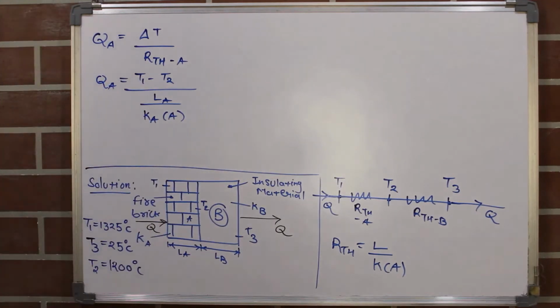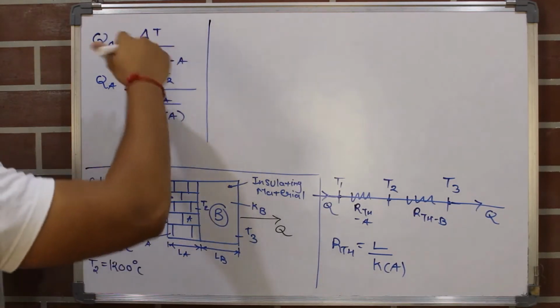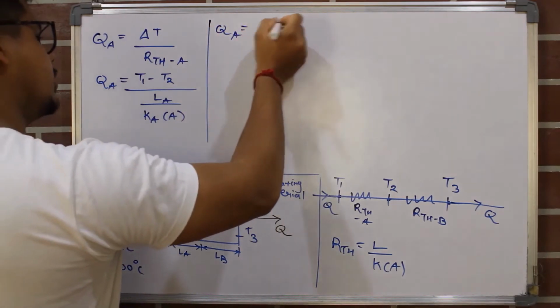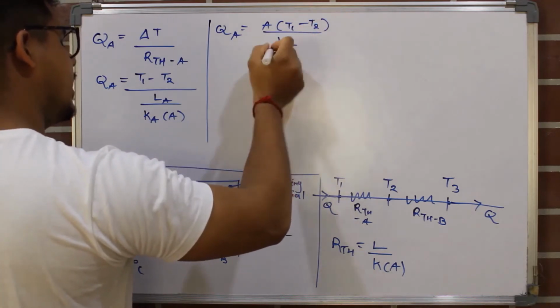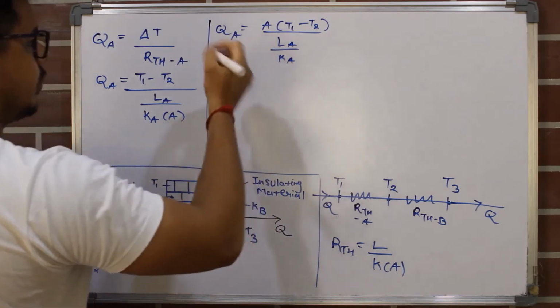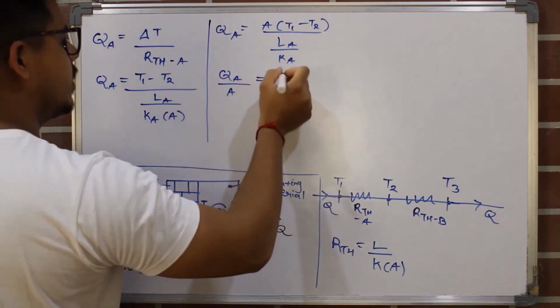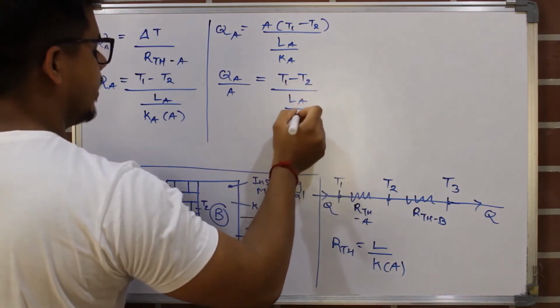Now as we don't have the area, we will bring it to the denominator of Q. This area can go in the numerator, that is A into T1 minus T2 divided by LA upon KA. So from here we can bring A to the denominator of Q, that is QA by A is equal to T1 minus T2 divided by LA divided by KA.